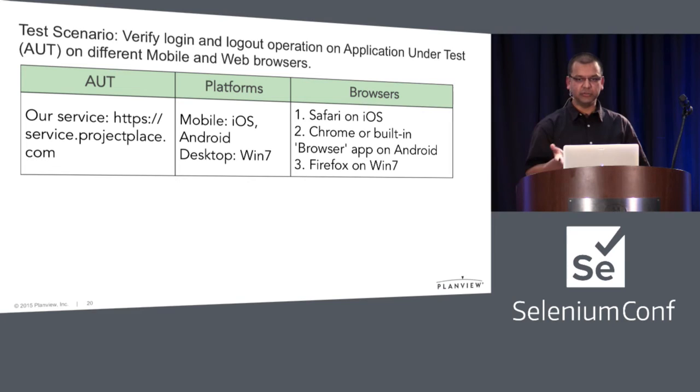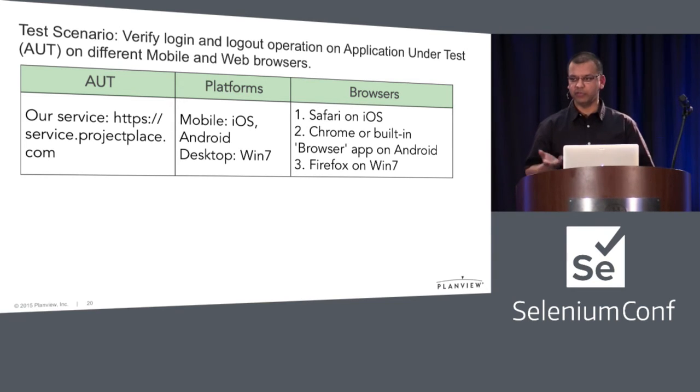And the same test has to be repeated on mobile and web browsers. So we chose Safari on iOS, Chrome on Android, and Firefox on Windows 7 as the combinations on which we want to run this test. Another requirement for us was to run the test either locally or on Sauce Labs on the chosen mobile or web browser.